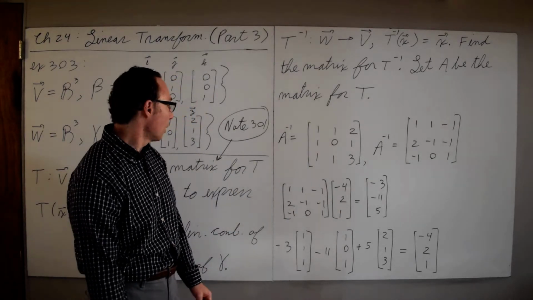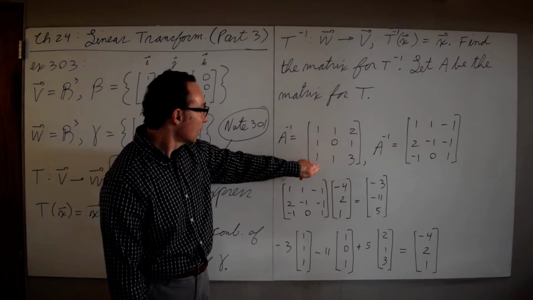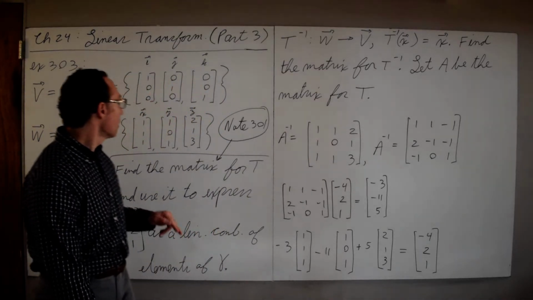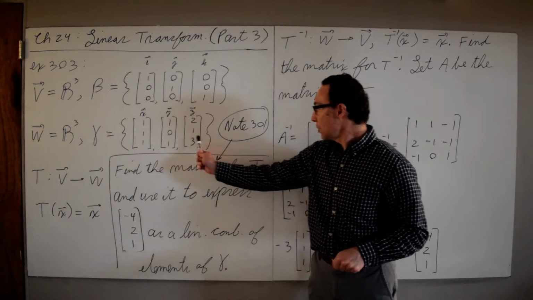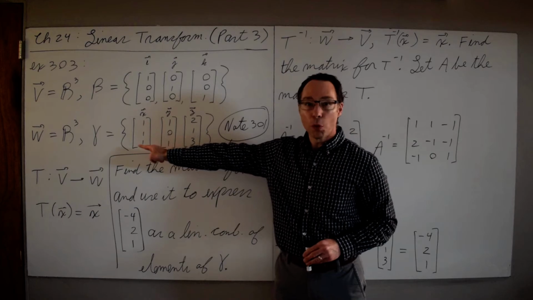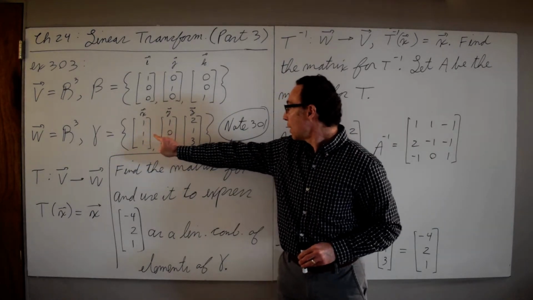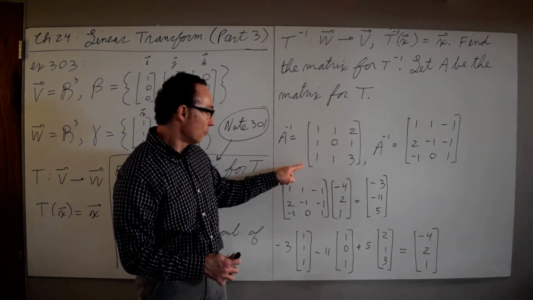Where did that come from? Well, you'll notice that the columns are just the vectors X, Y, Z that we have right here. So we formed A inverse by making these vectors the columns.